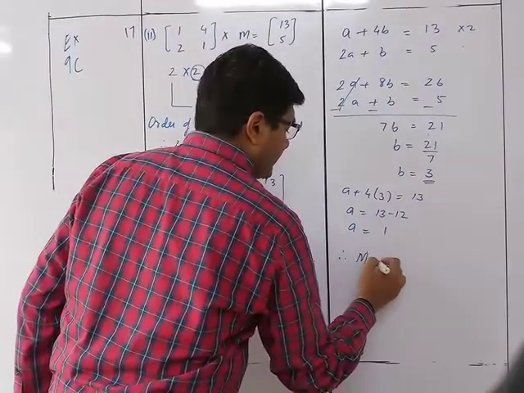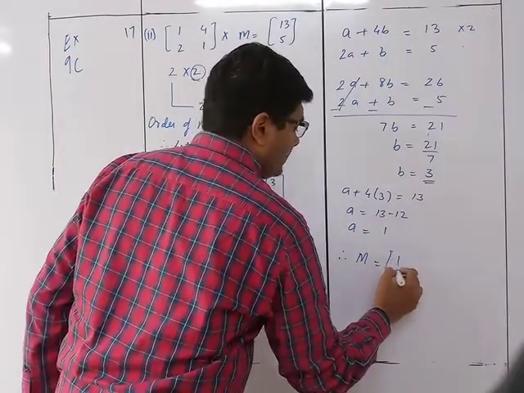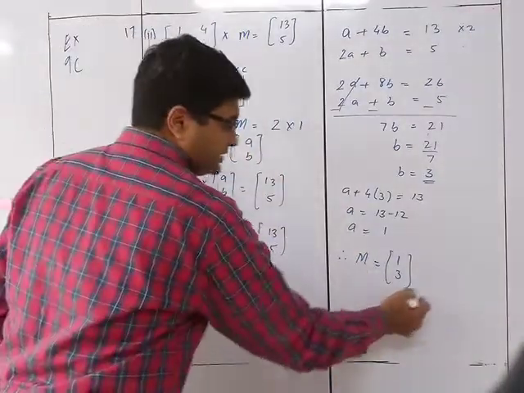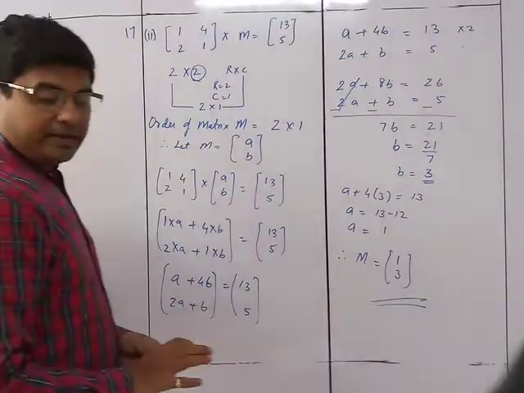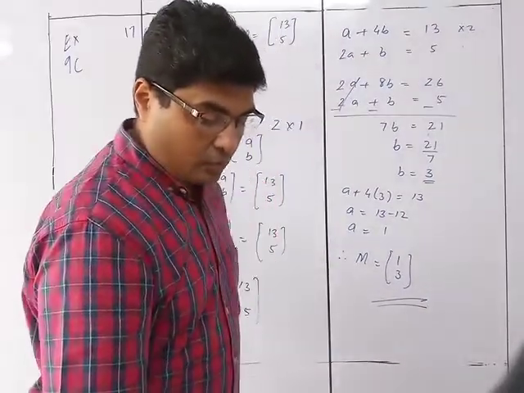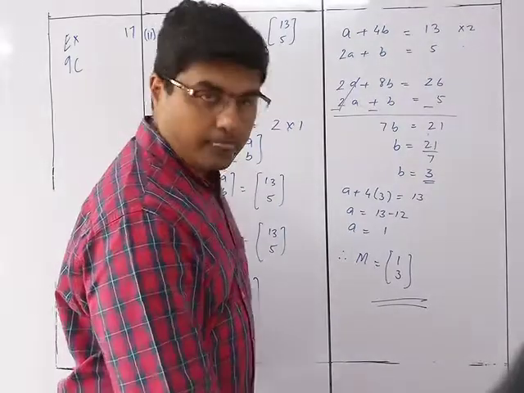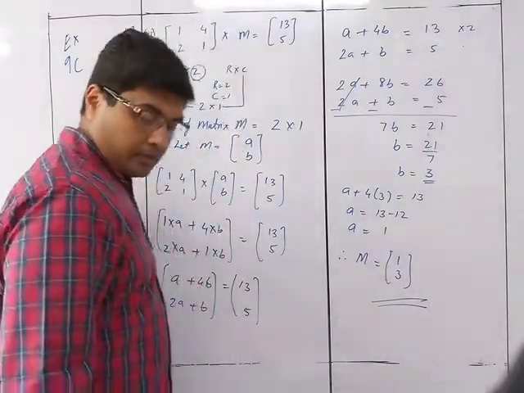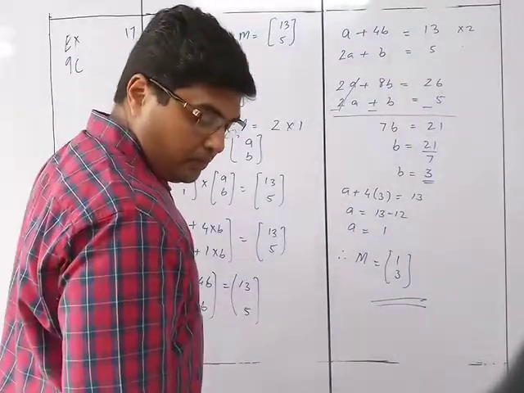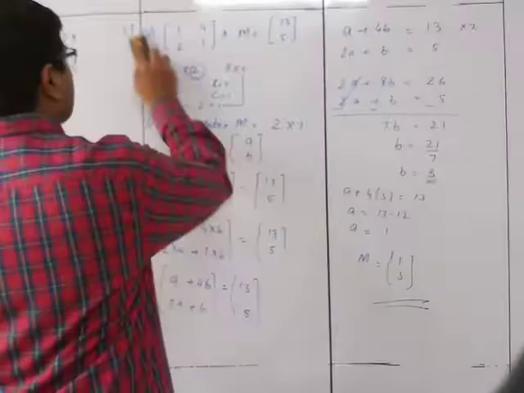Therefore, M is equal to 1, 3. It was A, B, so 1, 3. This is the final answer. Okay, that is 17 second part, that is 2 by 1, 1, 3. Clear? That was sum number 17. We move on now to sum number 19.